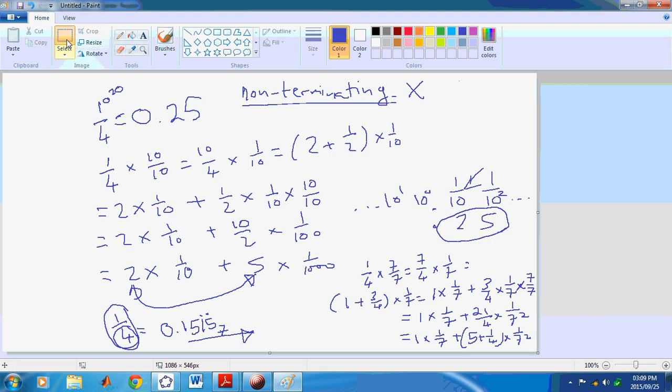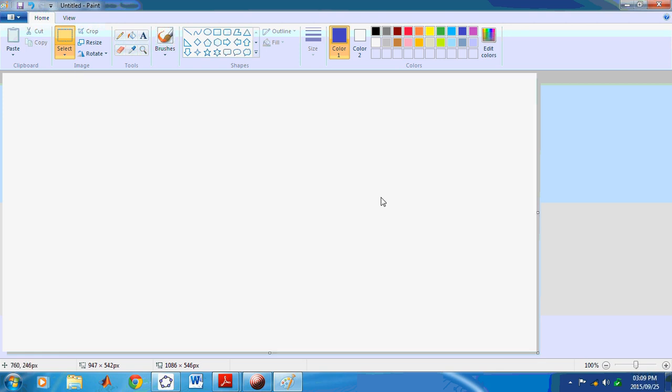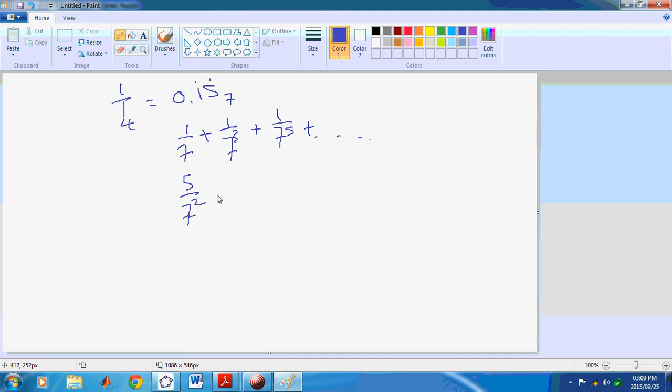Of course, you can do fancy things if you decide. For example, let's take a look at this. If, for example, you say, well, a quarter is equal to 0.15 recurring in base 7, that's the same as writing two series like this. 1 over 7 plus 1 over 7 cubed plus 1 over 7 to the 5, yes, plus 5 over 7 squared plus 5 over 7 to the 4 plus 5 over 7 to the 6.